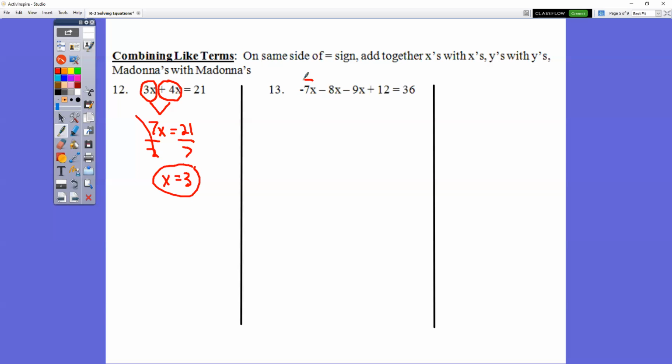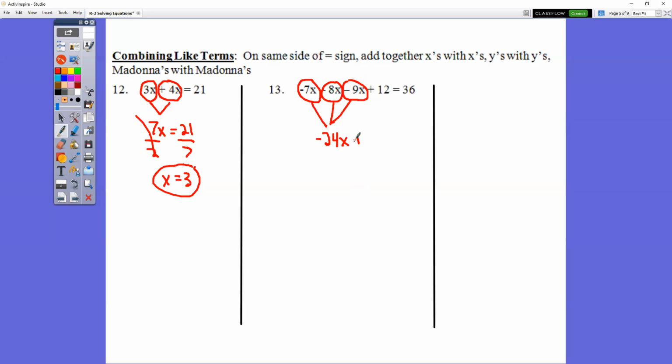In this one, you could end up having questions today where you add together 3 letters that are all the same. We can add together our -7x, our -8x, and our -9x. -7 plus -8 plus -9 gives you -24x. Now, notice that I did not add it together with the 12. You can't add together x's and plain numbers.